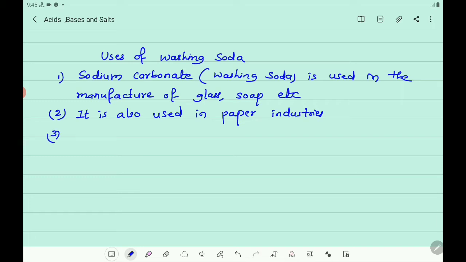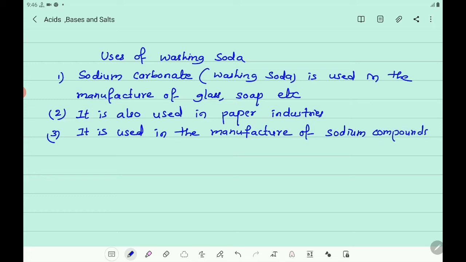It is used in the manufacture of sodium compounds such as borax.